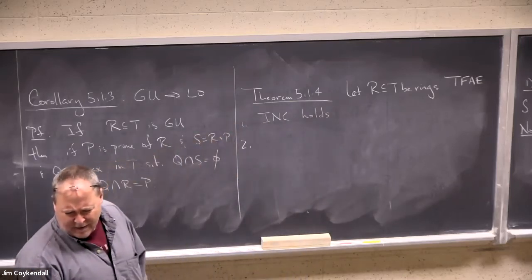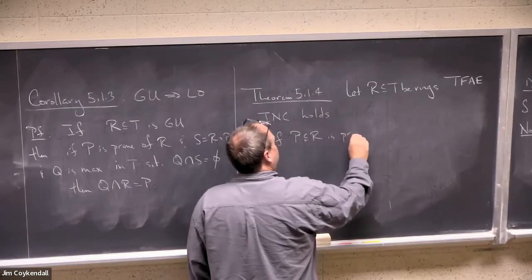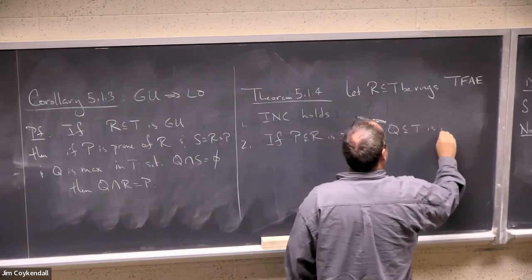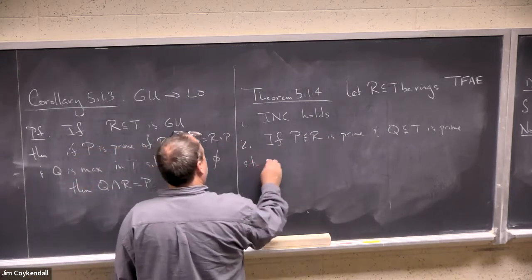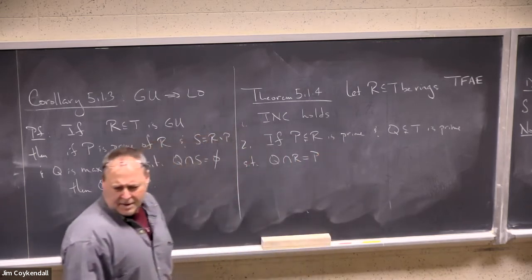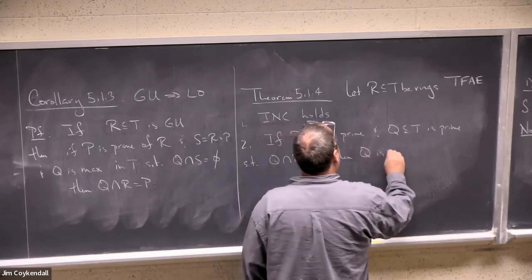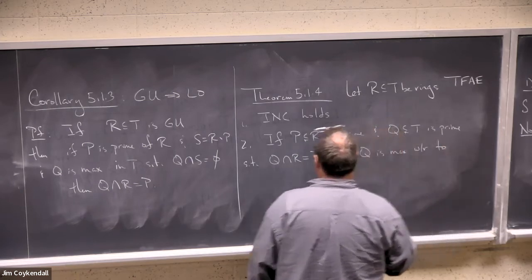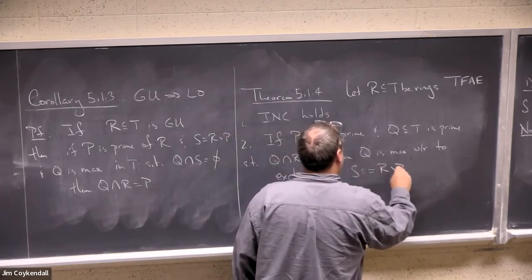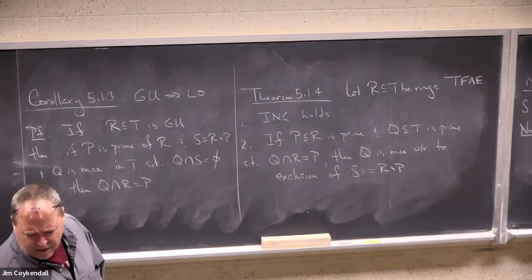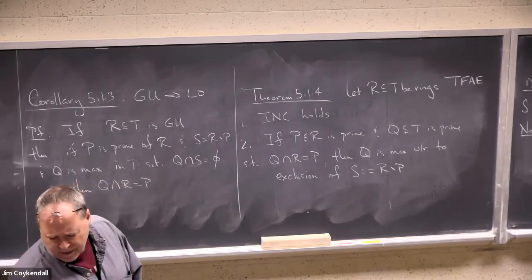And 2, if P in R is a prime, and Q in T is prime, such that Q intersect R is P, then Q is maximal with respect to the exclusion of S. So if P is a prime ideal and Q in T contracts to P, then Q is maximal with respect to the exclusion of the complement of the original prime P in R.